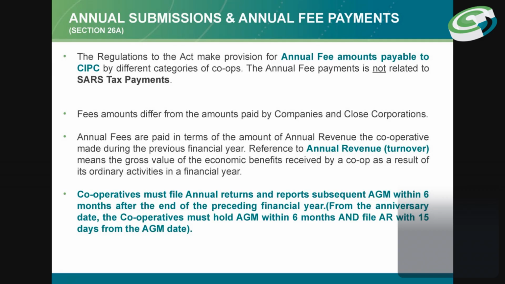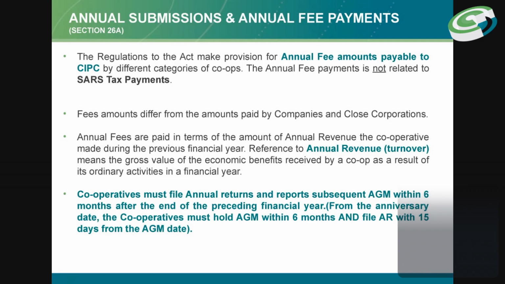The fees amounts differ from the amounts paid by companies and close corporations. The annual fees are paid in terms of the amount of the annual revenue, that is the turnover of a cooperative. Turnover means the gross value of the economic benefits received by a co-op as a result of its ordinary activities in a financial year.